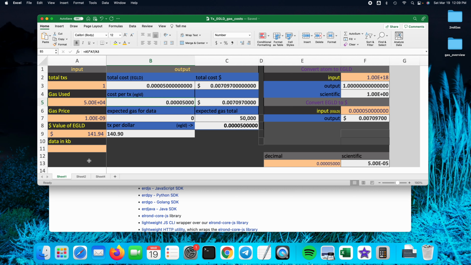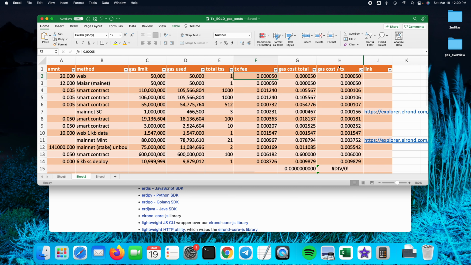So, what about smart contracts? Well, in ascending order of gas costs per transaction, I have our transactions listed here. And the cheapest was this smart contract call that performed 1,000 transactions, and at this amount of EGLD right here, this was the gas used.